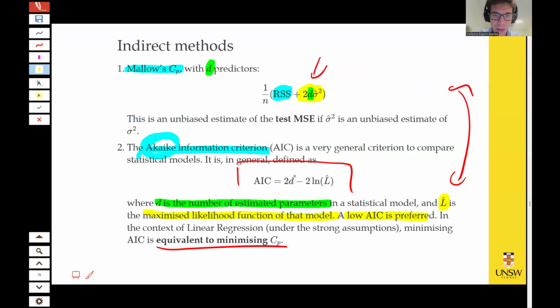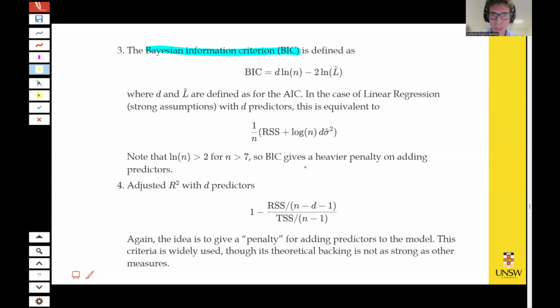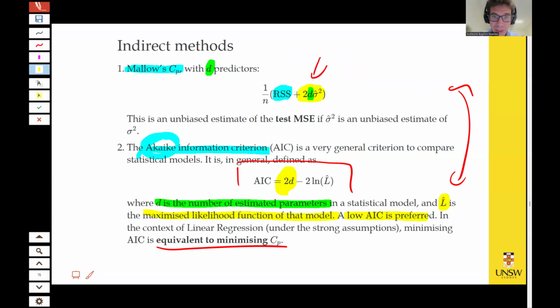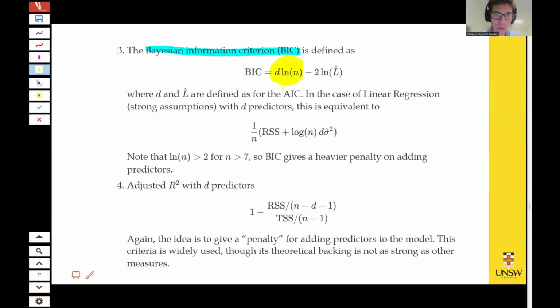In the AIC, the penalty was 2d, but here the penalty is d ln n, where n is the sample size. So you see that here the penalty is bigger because unless n is super small, d ln n will be bigger than 2d. So usually the BIC will give a bigger penalty for adding parameters.